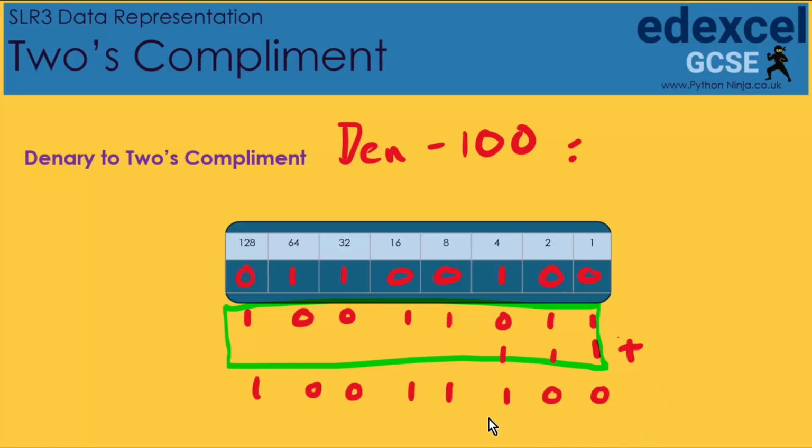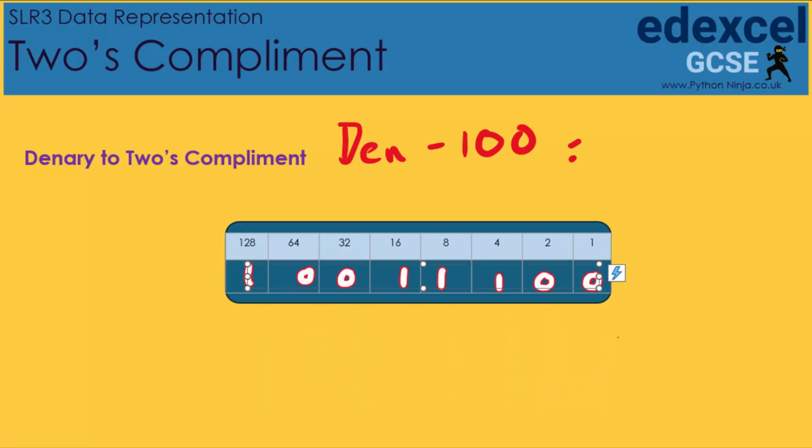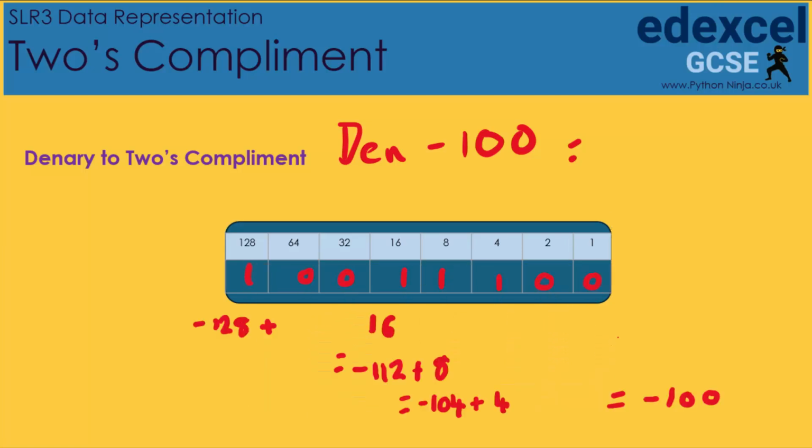Okay, so here you can see I've added 1 and worked out what I think the answer should be. So let's now reverse engineer it to see if the answer is correct. So we started off with minus 128.